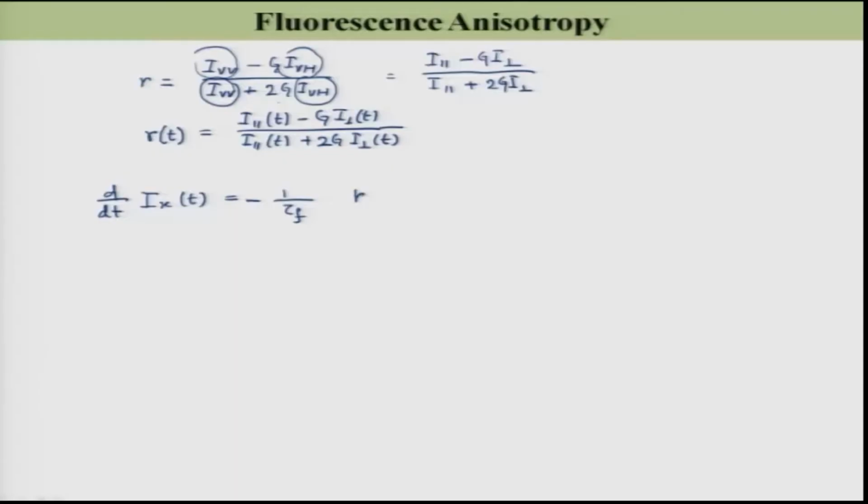So, let me write that as the rate constant of motion of the molecule from x to y. This is again minus, and again this is a decrease, the rate constant of rotation of the molecule from the x direction to the z direction.